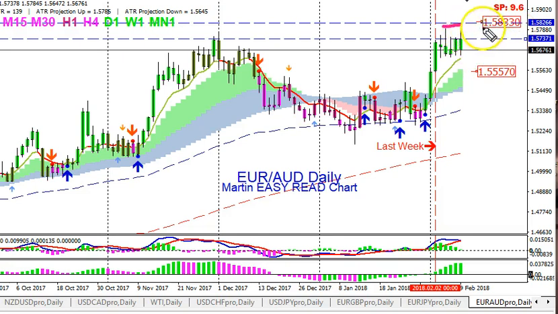If you think price is going to go lower, you could possibly look at sells below 155.57. But here we're looking for a trend continuation of a pivot swing high right there, and that is another entry signal that I do teach you in the Easy Read charts.